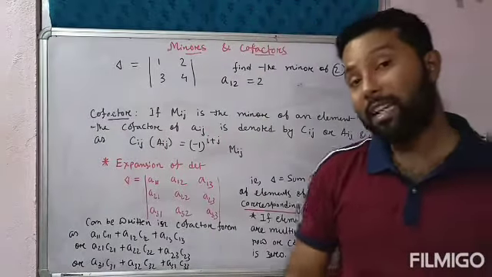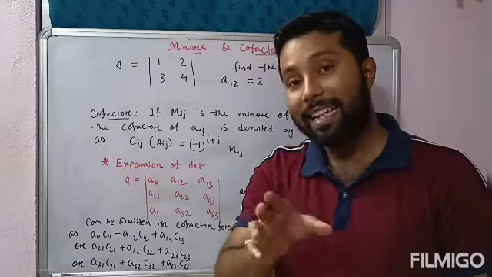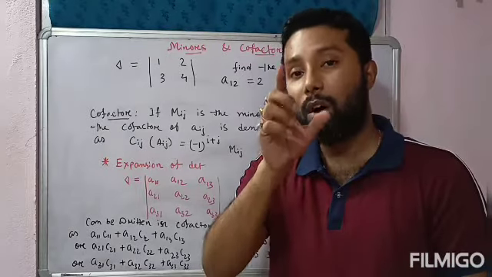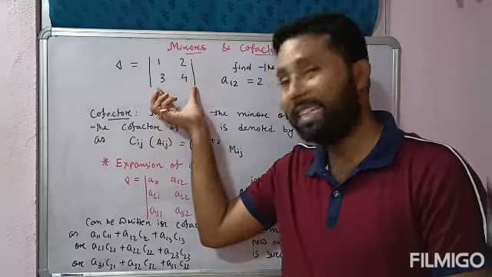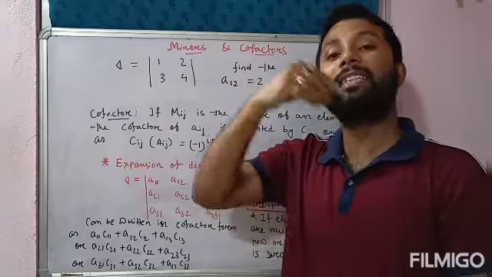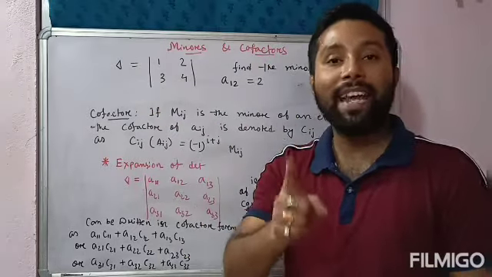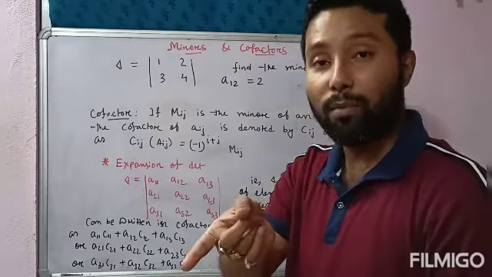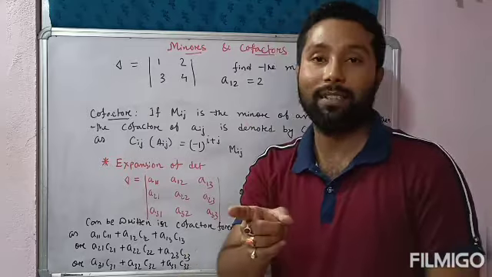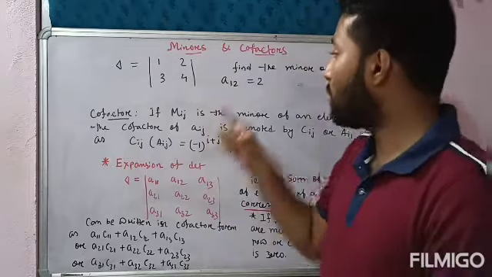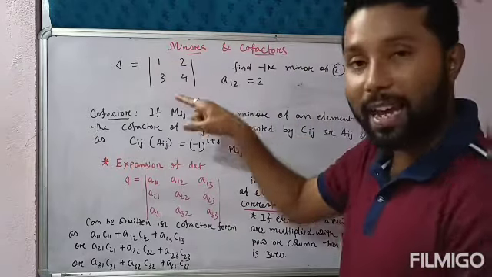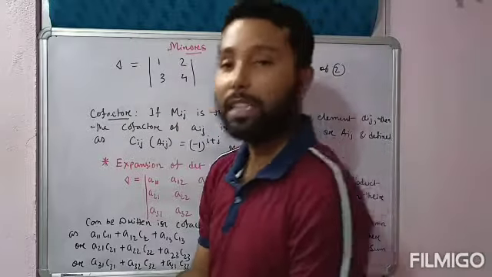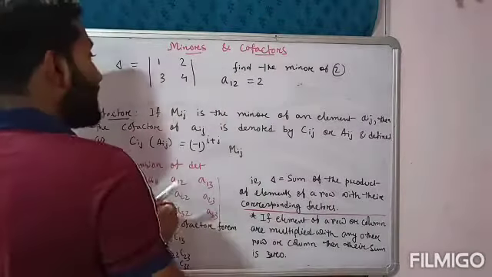So minor of an element Aij of a determinant is the determinant obtained by deleting the ith row and jth column of the element Aij. So we have to delete the row and column of the position of 2.